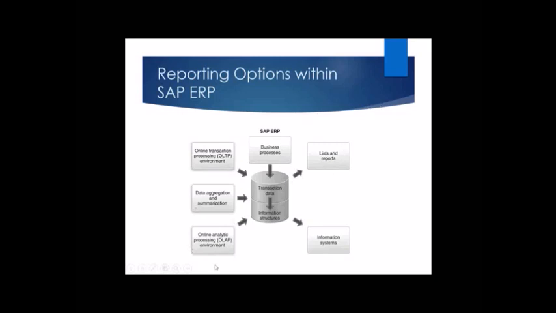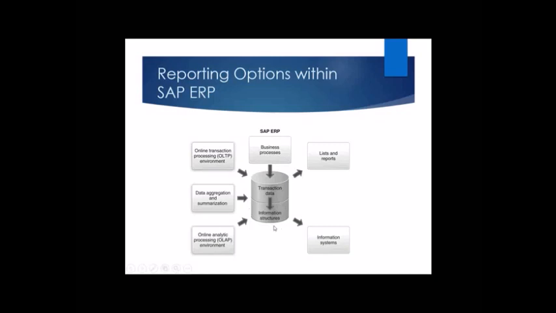The analytical environment is used for detailed data analysis. SAP ERP includes an Online Analytical Processing environment, or OLAP environment, in the form of information systems. So instead of using detailed transaction data, these systems use information structures to provide analytical capabilities.